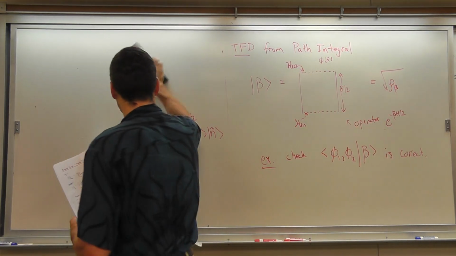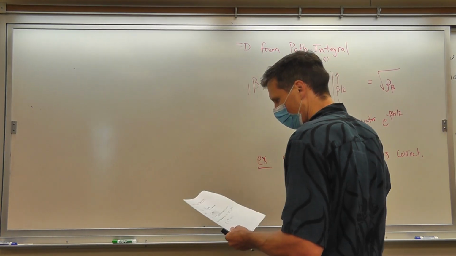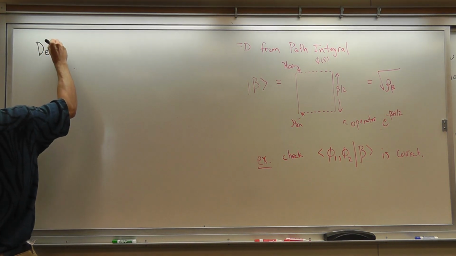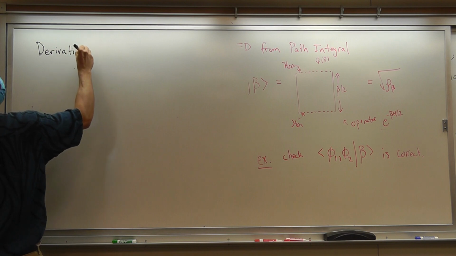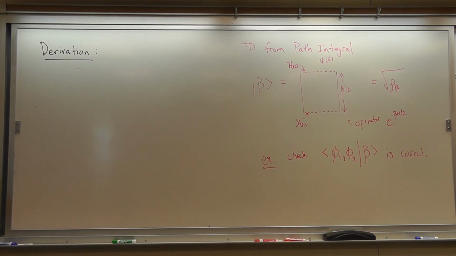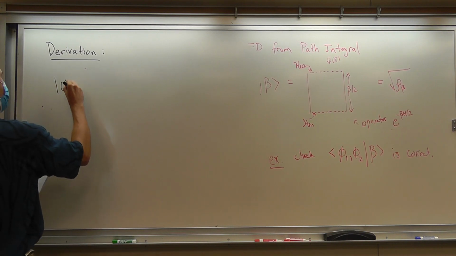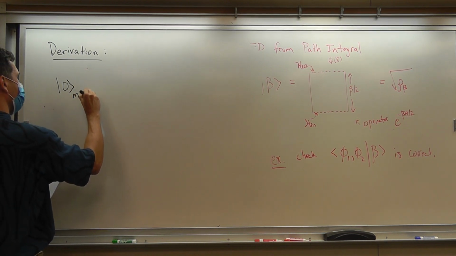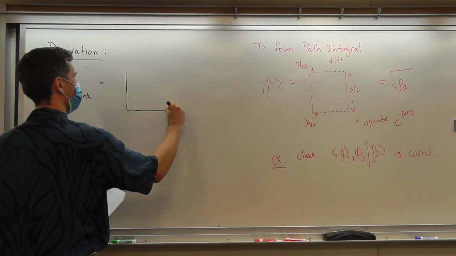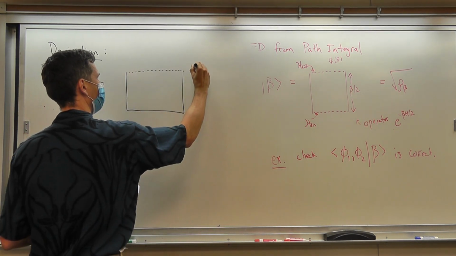So the derivation is easy. Now that we've got everything set up, we can derive this in one line. So let's start by writing the Minkowski vacuum as a path integral. Well, there it is.